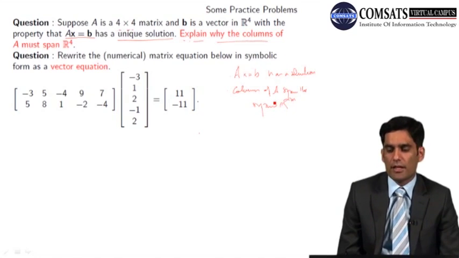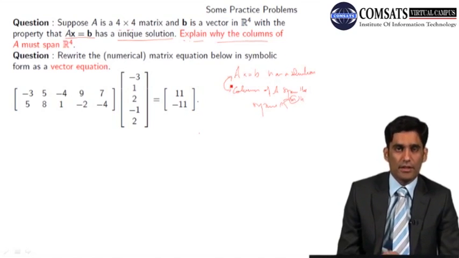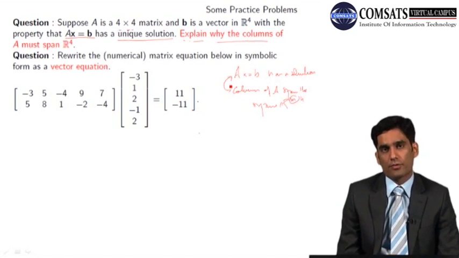Previous lecture में Rm थी, अब m हमारा यहाँ पे 4 है, we have R4. So these 2 statements are logically equivalent. Logically equivalent statements are those statements where if one of them is true, then the other is also true. If one of them is false, the other is also false.